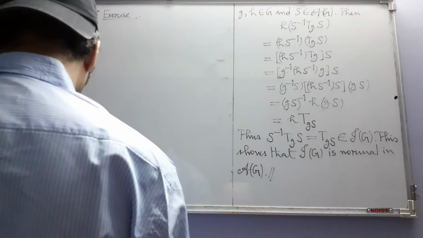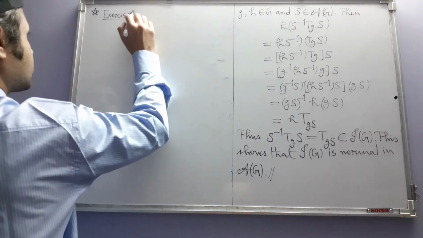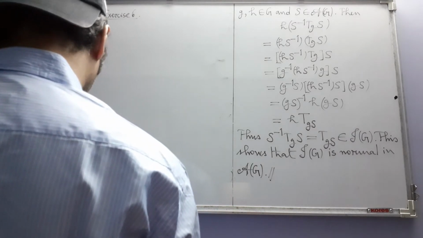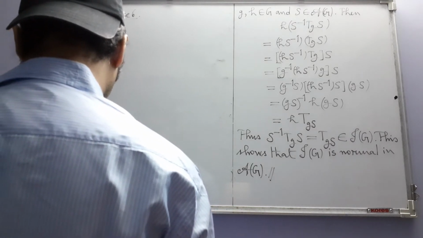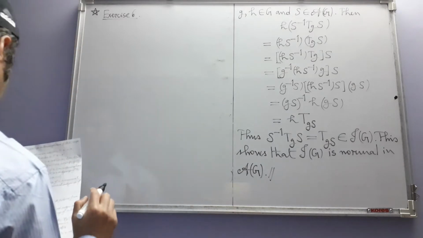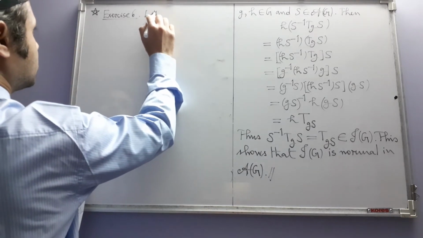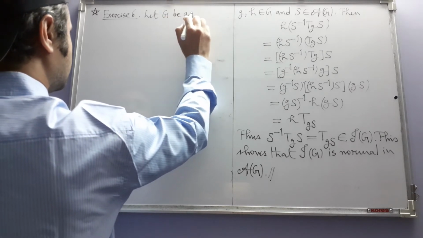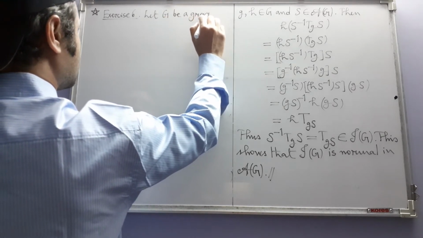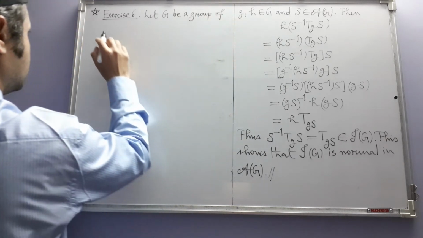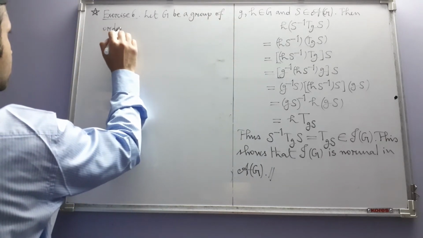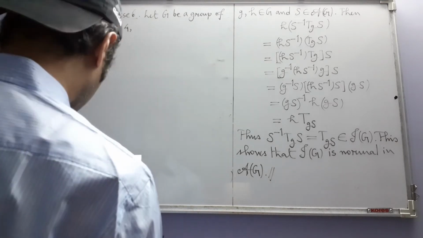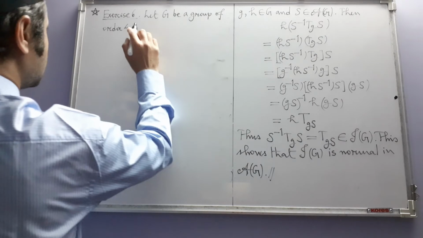Then exercise 6. In the 6th exercise, we are given a specific group. We are asked to determine its automorphism group. Let G be a group of order 4. I don't know why the author says a group of order 4, because the group itself is given.